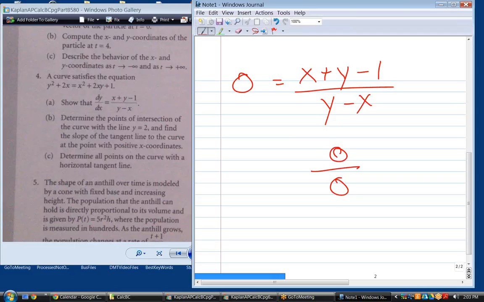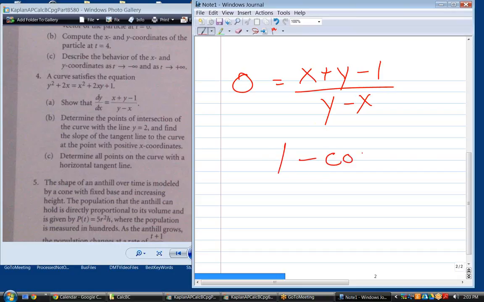We know that sometimes that's equal to a number, and it's not 0.